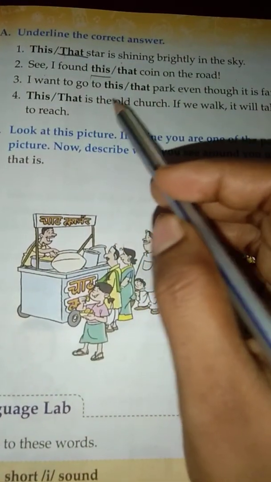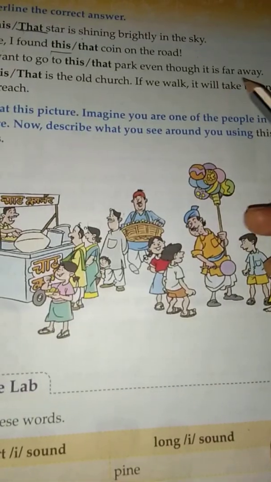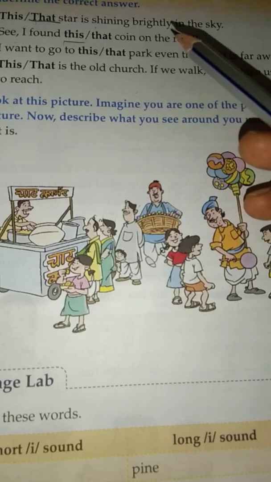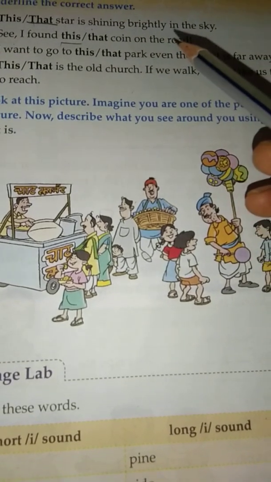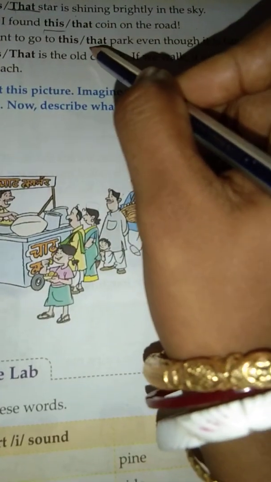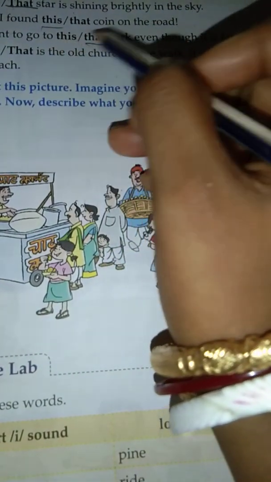Next: I want to go to this park or that park even though it is far away. From here we can understand that the park is far, so we write: I want to go to that park though it is far away.